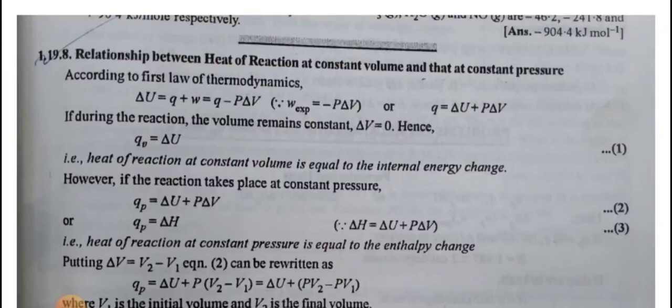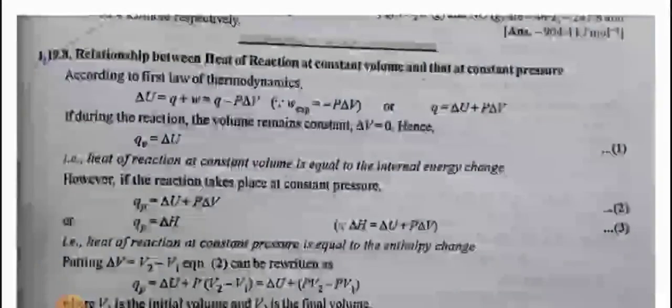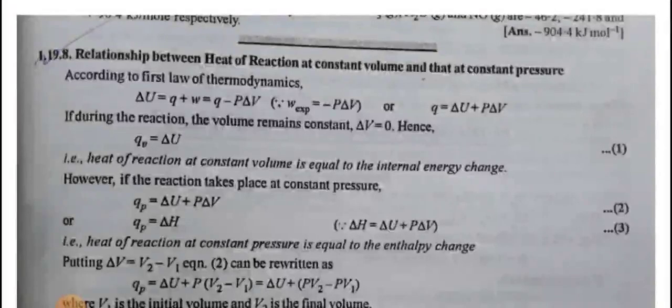Hence, Qv is equal to delta U. That is, heat of reaction at constant volume is equal to internal energy change. However, if the reaction takes place at constant pressure, Qp is equal to delta U plus P delta V. Qp is equal to delta H. Delta H is equal to delta U plus P delta V. Hence, the heat of reaction at constant pressure is equal to the enthalpy change.